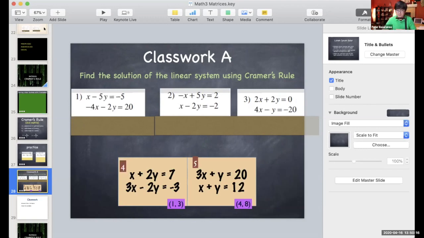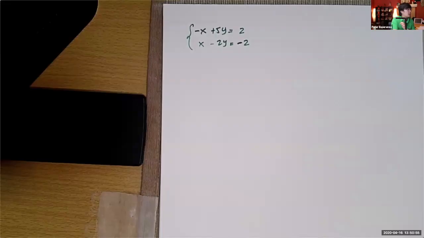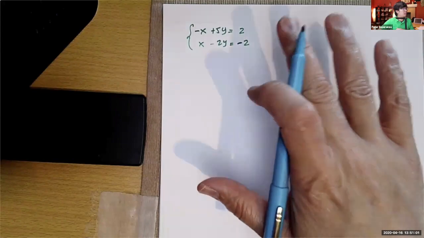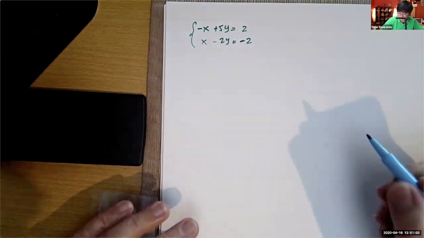All right. Step 1, change it into an augmented matrix. So don't wait for me. You can start working because I need to do a lot of steps here. Okay? All right. I'm going to do mine. Are you seeing my paper? Okay.